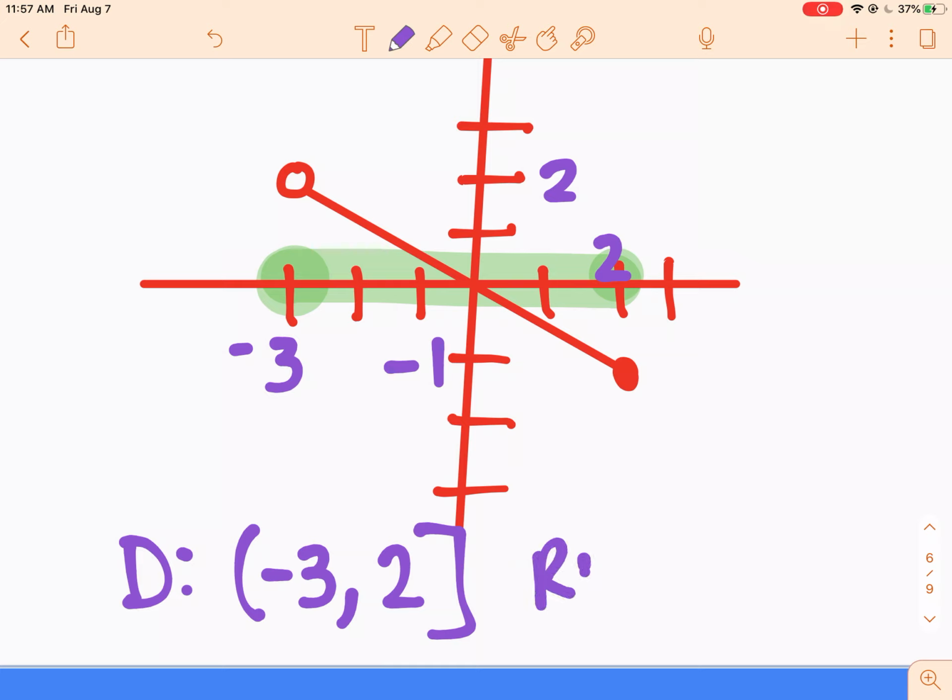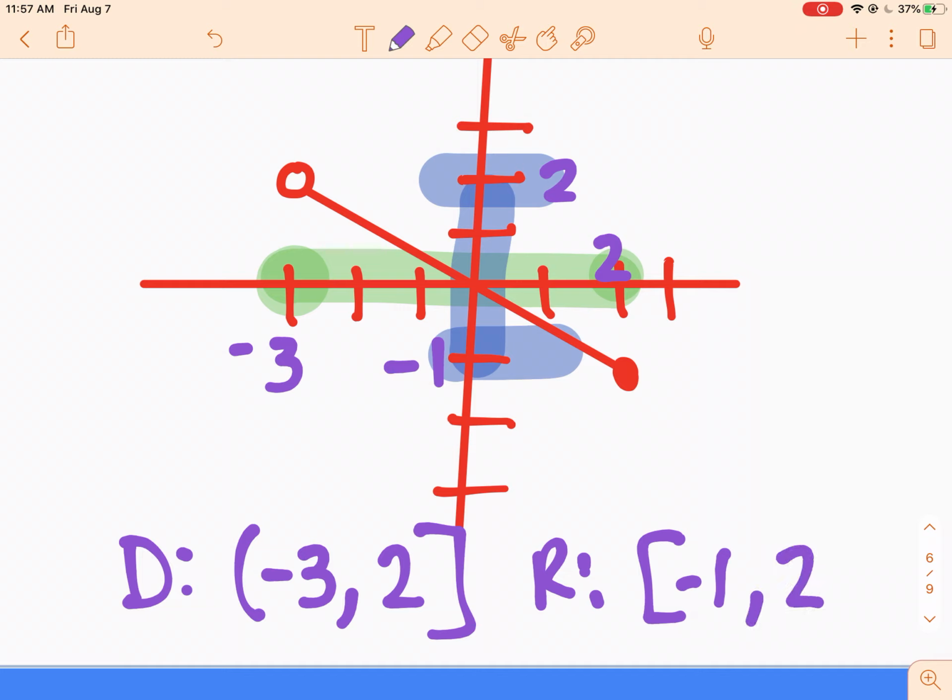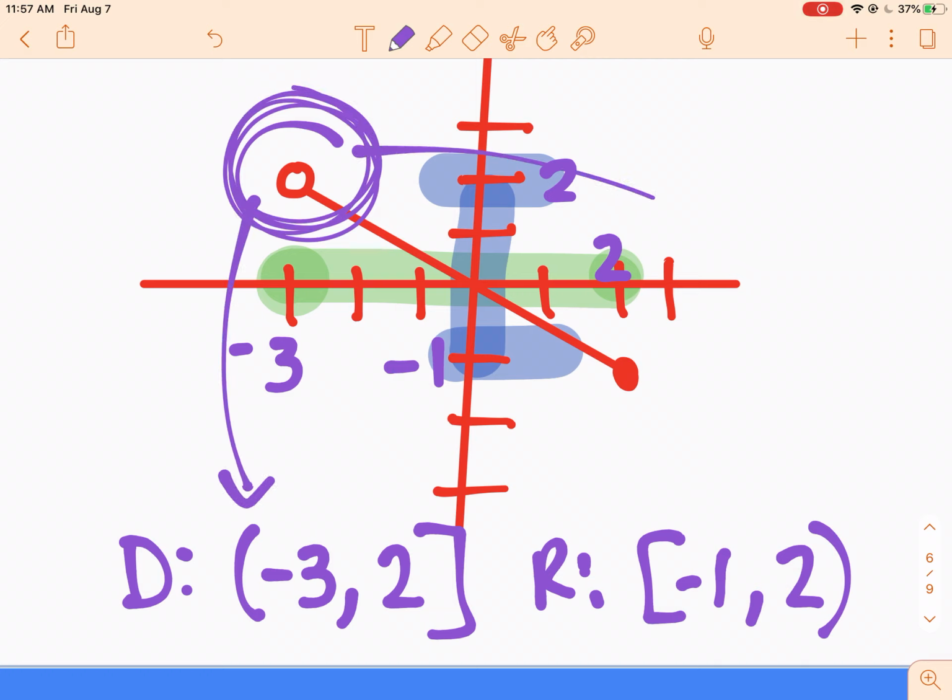My range, that means I'm going to go this way on my graph, from the bottom of it to the top of it. So how tall does it span? Well, it goes from -1 at the bottom and +2 exclusive at the top. And that's because of this open circle that we use the exclusive brackets. So recap on that one. Domain goes from left to right, and range goes from bottom to top.